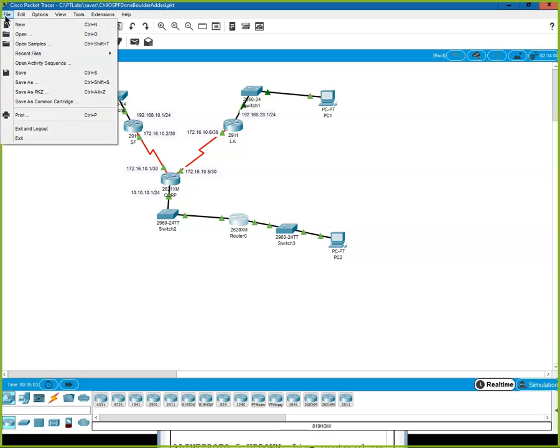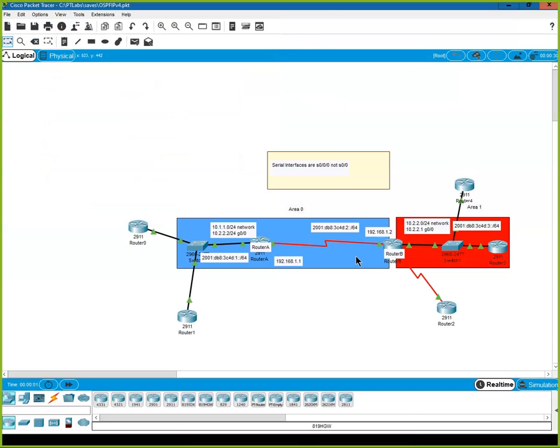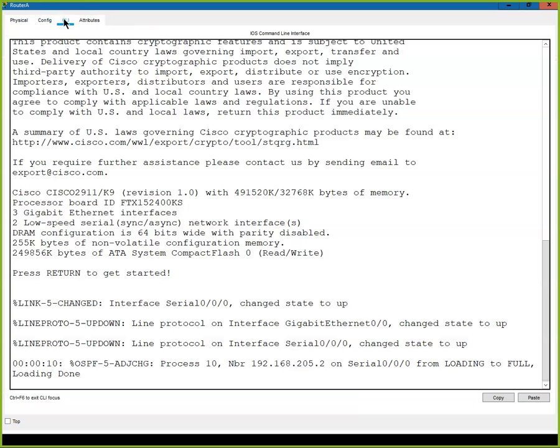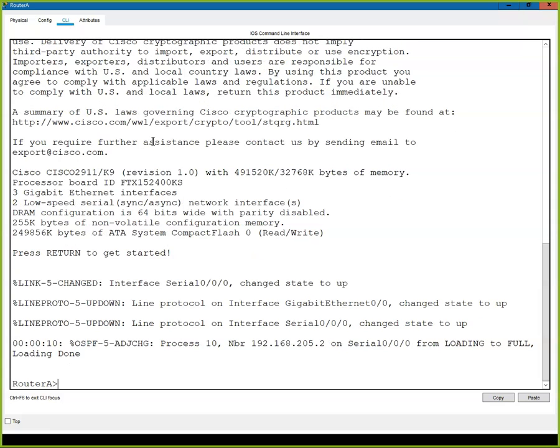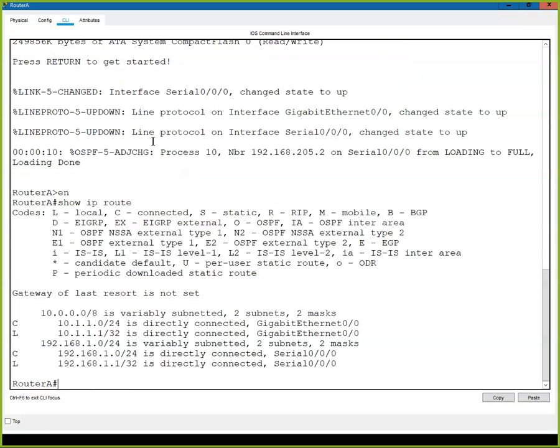Probably the straight line one that I have is a little bit easier to look at. Yeah, this one we've got serial links and direct Ethernet links going off of this one, and we've got gigabit links for it. It may take a couple of seconds here. Okay, we've got them already. Show IP route, and we have not gotten any adjacencies.